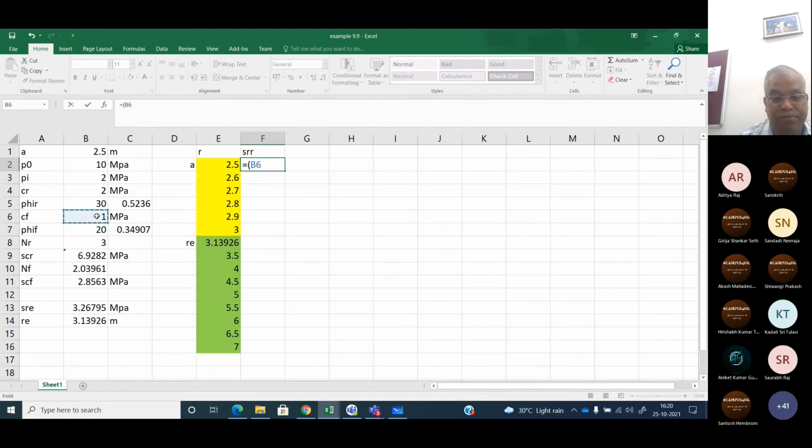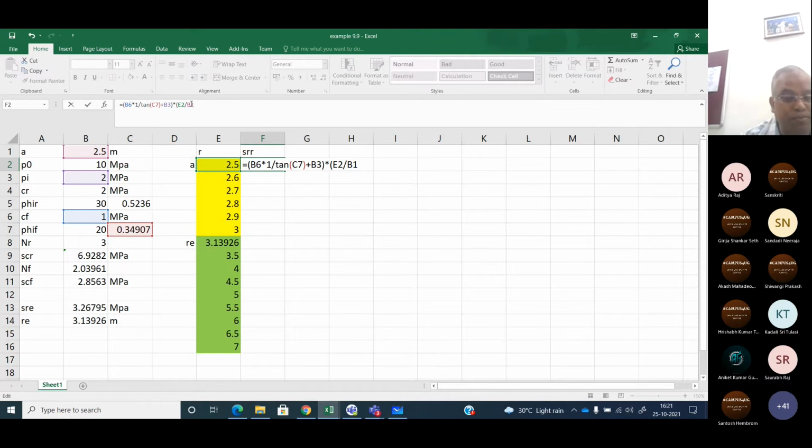So CF multiply by 1 by tan phi f. So CF cot phi f. Let me write from the book. Plus pi. So this is done. Multiply by R by A. This is R by A is this.